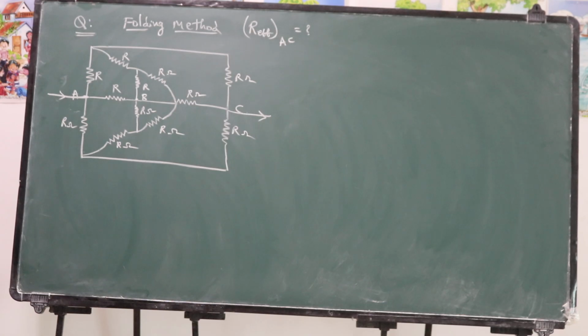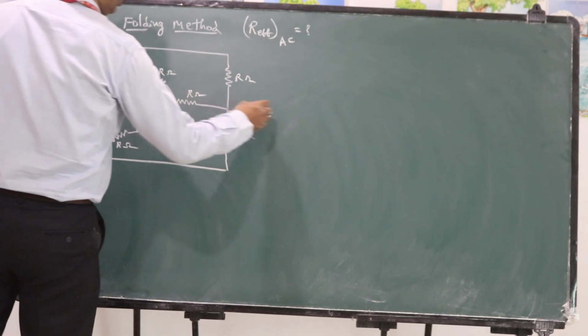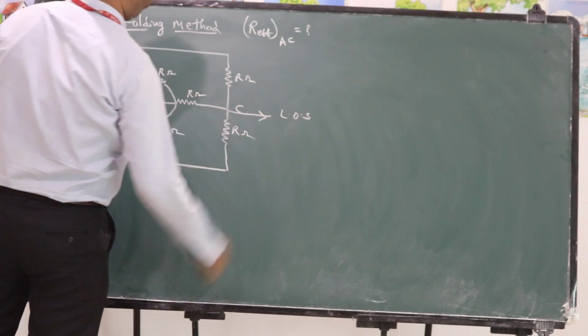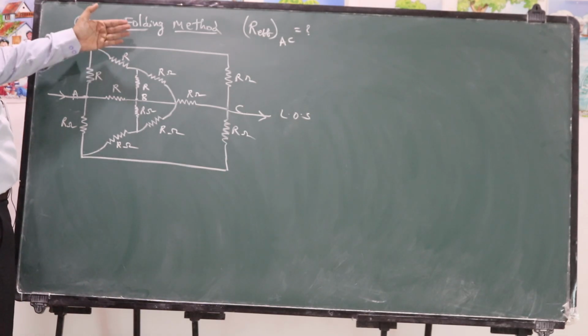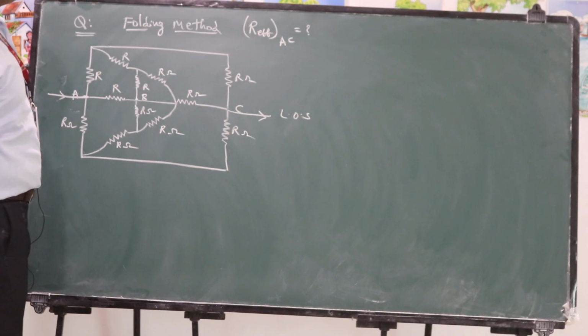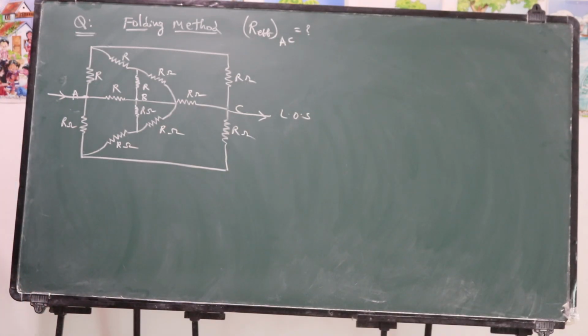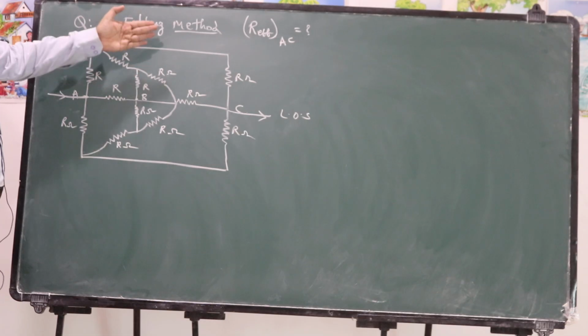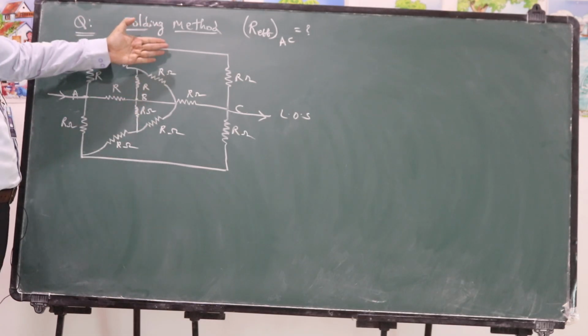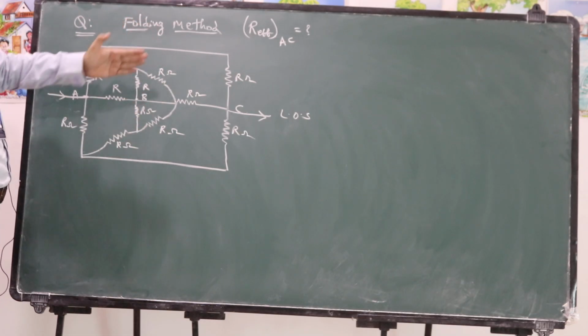So here clearly AC is itself the line of symmetry. The circuit is similar above the line of symmetry, even below the line of symmetry. So symmetry is available, and if we fold this circuit along AC, exactly this part is the replication of the upper part.